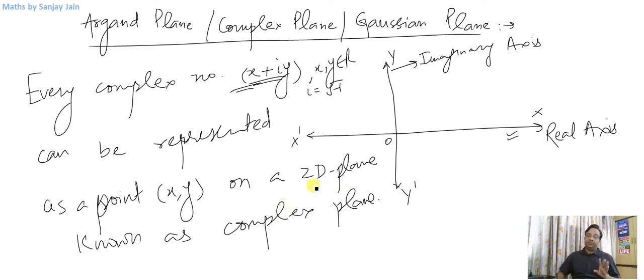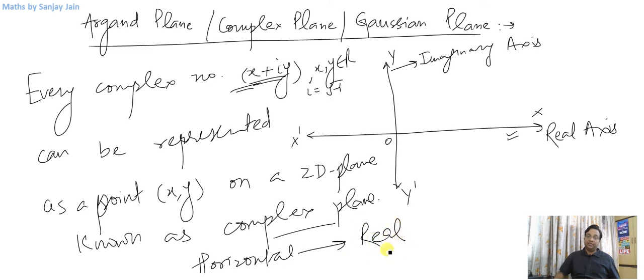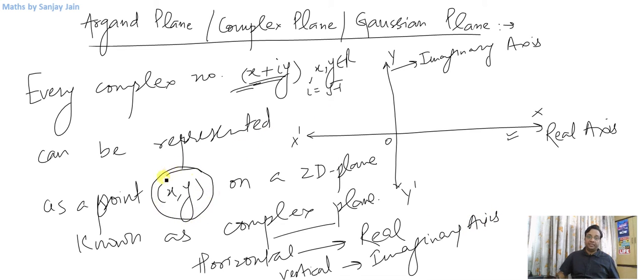So every complex number of the form a plus iota b or x plus iota y can be represented by a point on this 2D plane, which is known as complex plane, horizontal axis of which is known as real axis, and vertical axis is known as the imaginary axis. And this is the ordered pair that represents a point corresponding to this complex number.